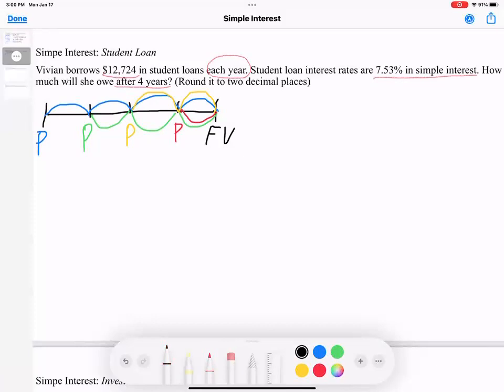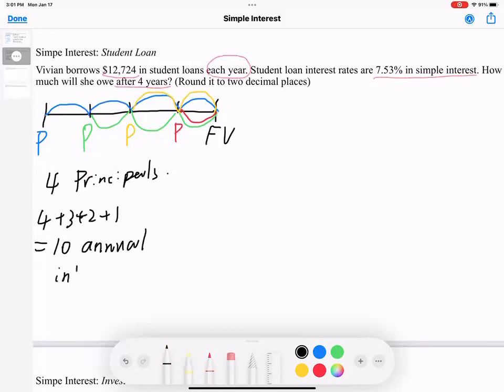So from the diagram, she has 4 principals and 4, 3, 2, 1, that is 10 total annual interest payments.